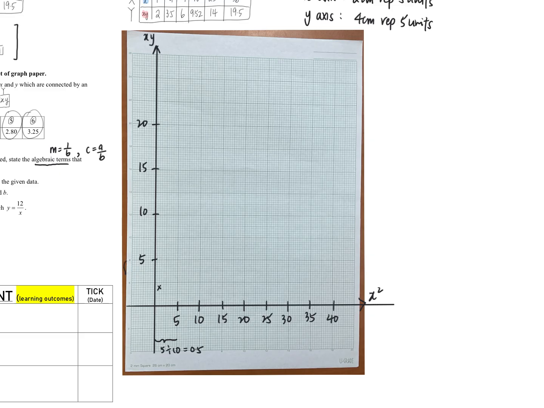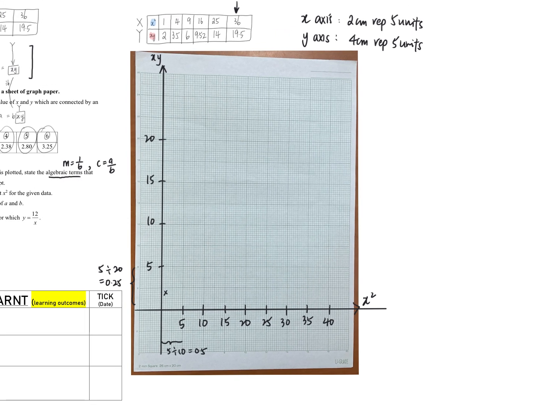Here, 5 units divided by 20 boxes, so each box is 0.25. So every 2 boxes is 0.5. So you can just calculate like that. So this is my 1, 2. Next one is my 4 and 3.5.